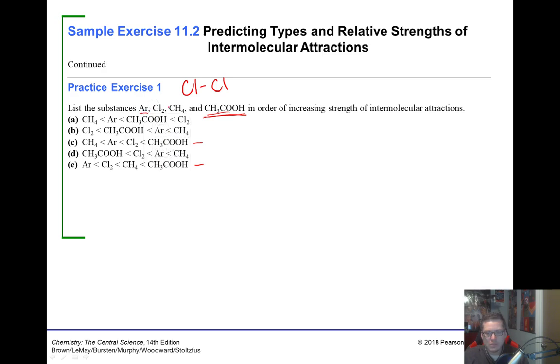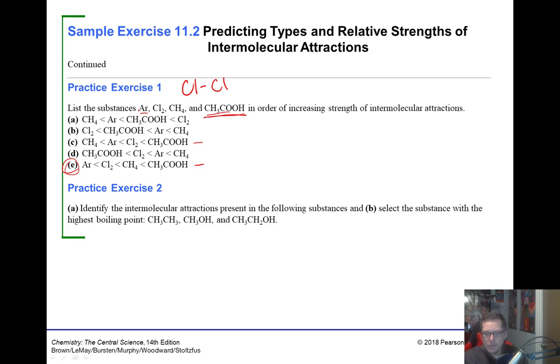Chlorine weighs the most of all of these, about 70, argon weighs about 40, and methane weighs 12 plus 4, so 16. Argon's going to be the weakest because it's not spread out at all. So really we're just narrowing it down between C and D, and so E has to be our right answer.